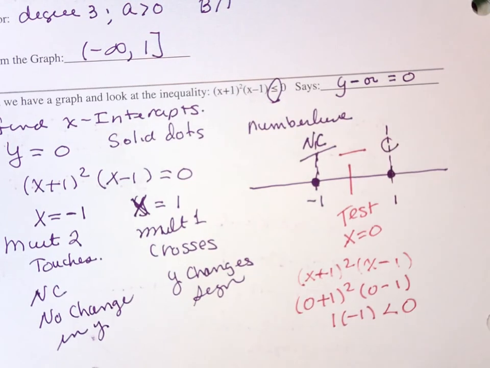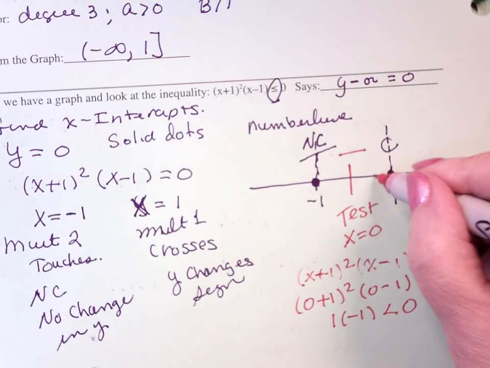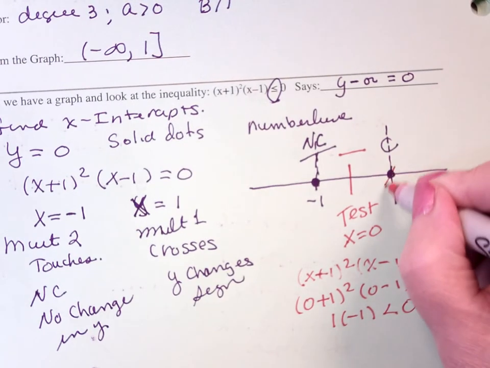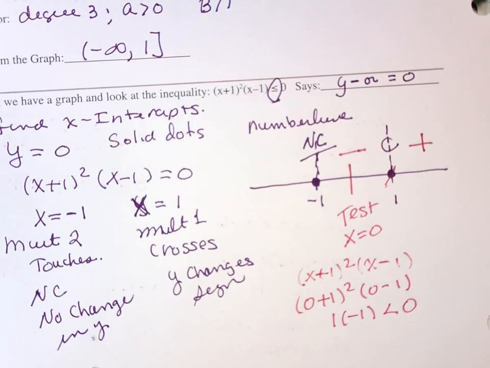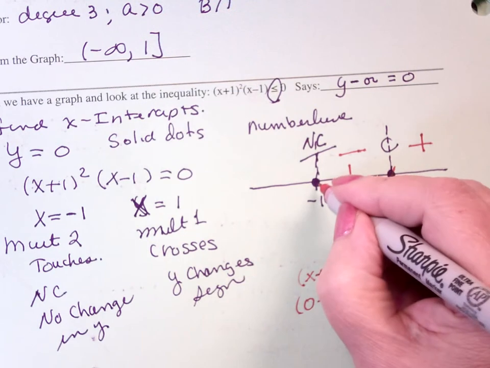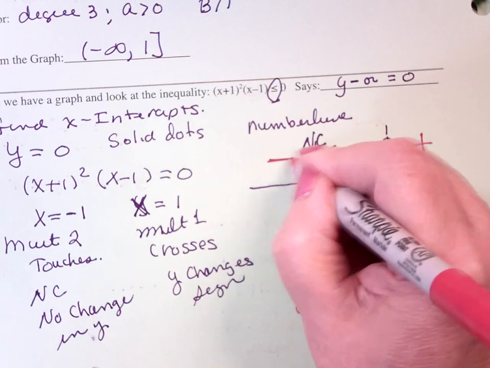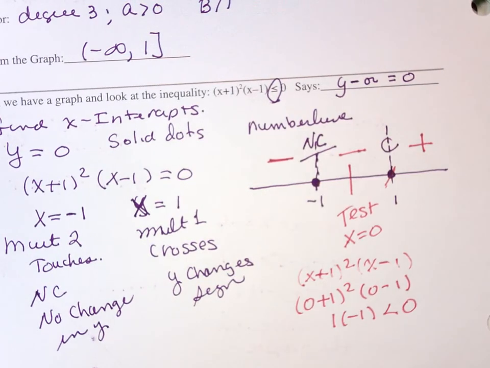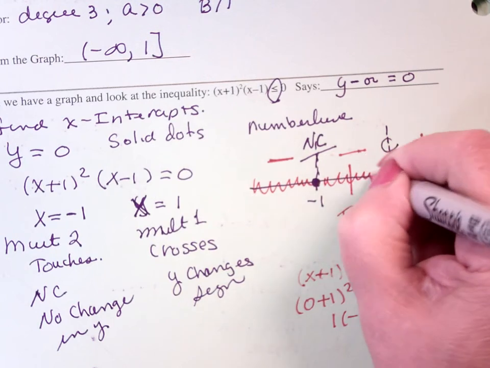Y is negative. The only way it can go positive is if it interacts with the x-axis, and it doesn't. Now, y crosses the x-axis here, so if y is negative, it's going to change to positive. Here, y touches the x-axis, which means there's no change in sign. It stays negative. I'm going to pick up negative, because that's what it wants me to find.